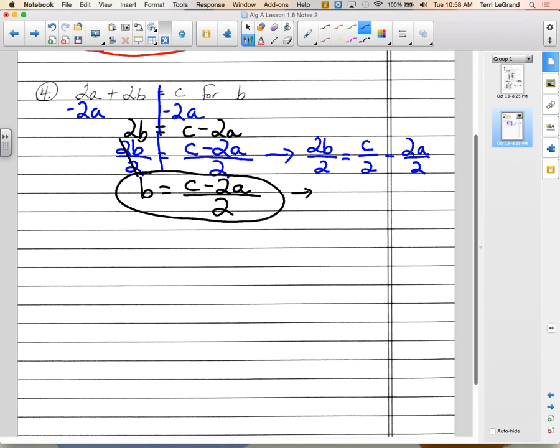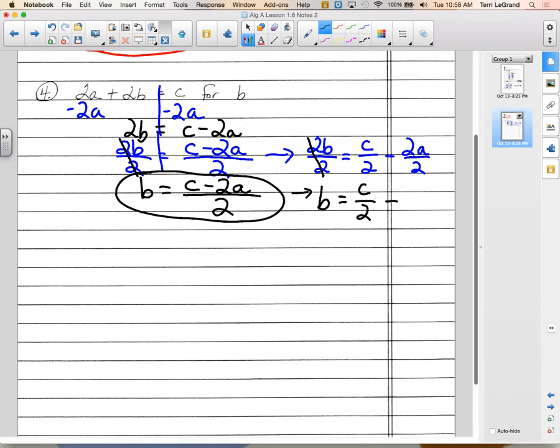Because now, within each piece, we can decide if we can do some canceling. So we can still cancel those 2's in this one. We have a B. Is there anything to cancel in C over 2? No, so we have to leave it C over 2. C divided by 2.